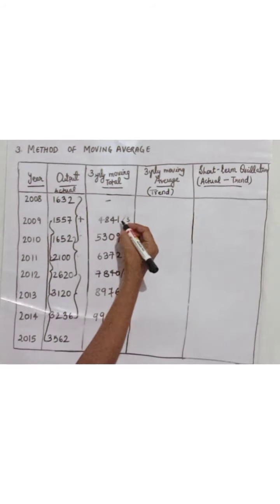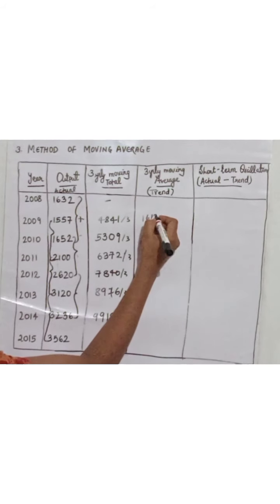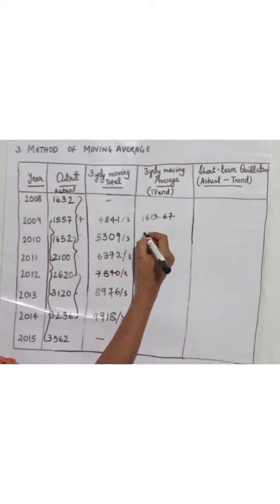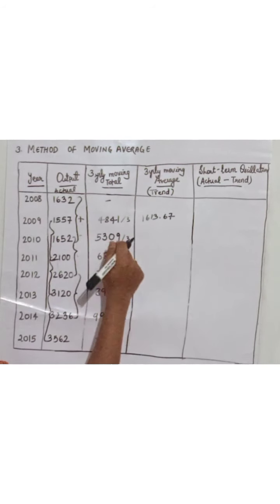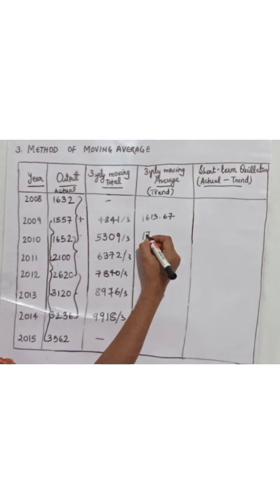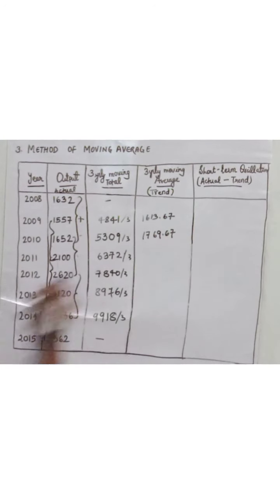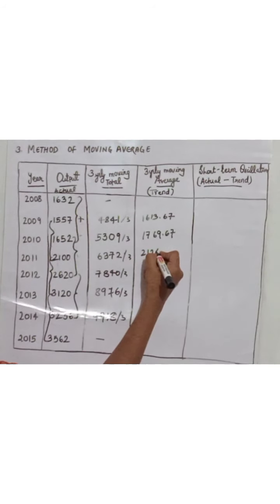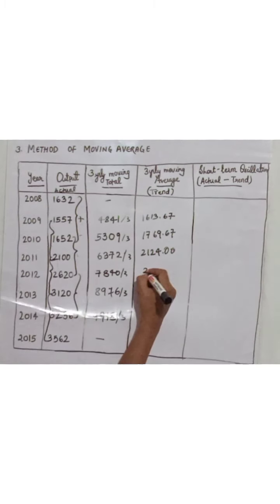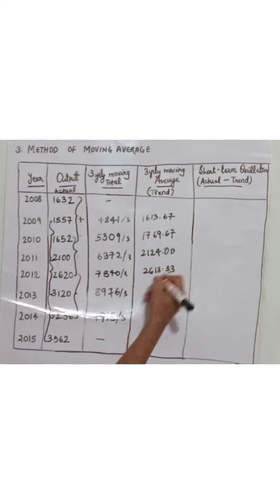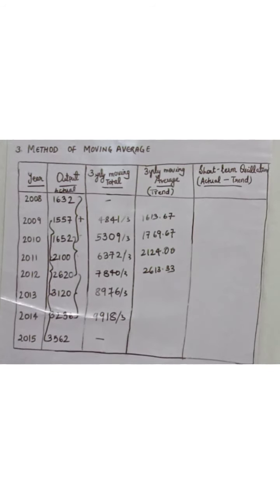So 4841 divided by 3 we get 1613.67. 5309 divided by 3 we get 767. 6372 divided by 3 we get 2124.00. 7840 divided by 3 we get 2613.33. 8976 divided by 3 we get 2992.00. 9918 divided by 3 we get 3306.00.